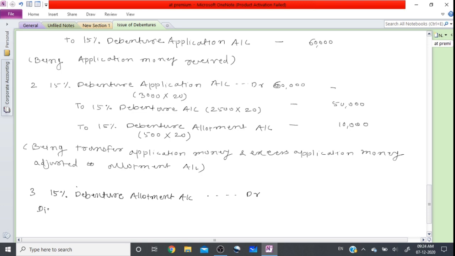So discount on issue of debenture account debit to 15% debenture account.